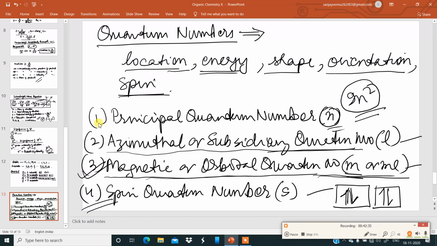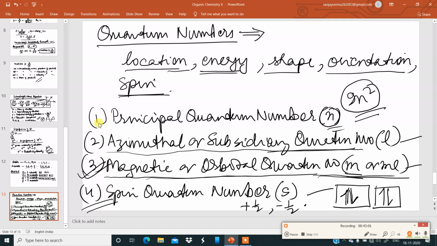The spin quantum number helps us know about the spin of the electron, which may be either clockwise or anti-clockwise. For clockwise spin we put a plus sign, we write plus half. For anti-clockwise we put minus half. So this is the brief information about the four quantum numbers.